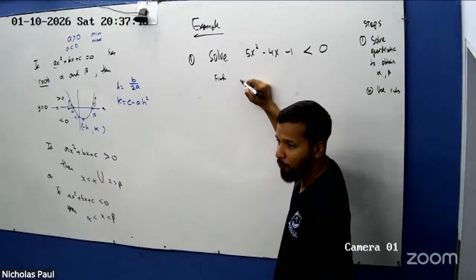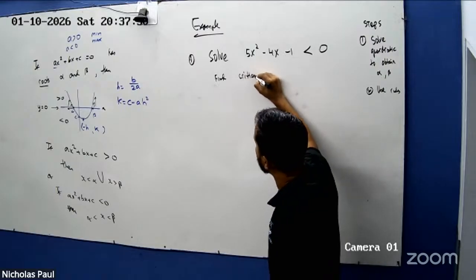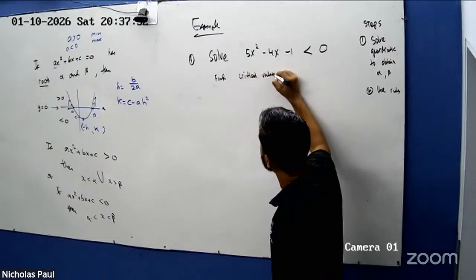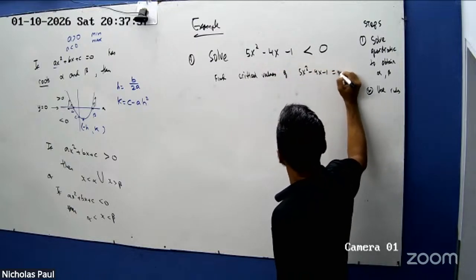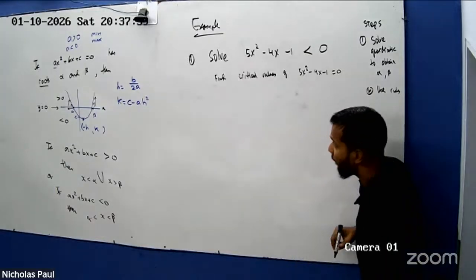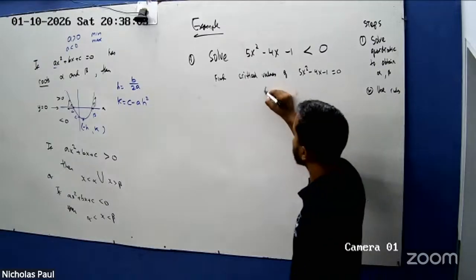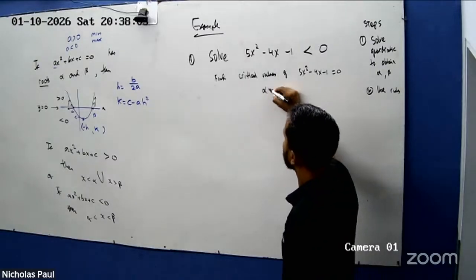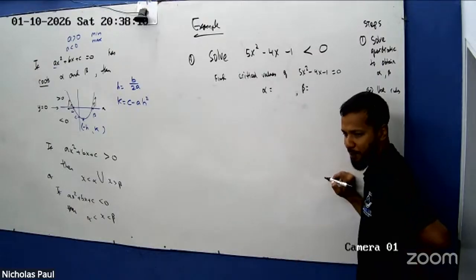You don't call them groups anymore. We want to find the critical values of 5x squared minus 4x minus 1 equals 0. So go take your calculator. We normally use alpha as the smaller one, beta as the bigger value.